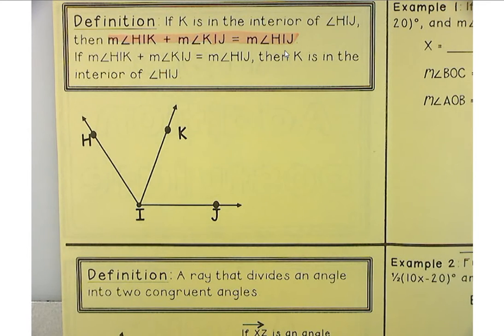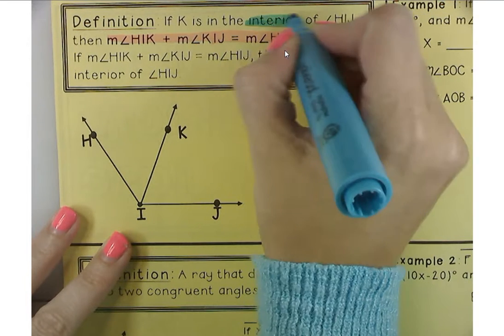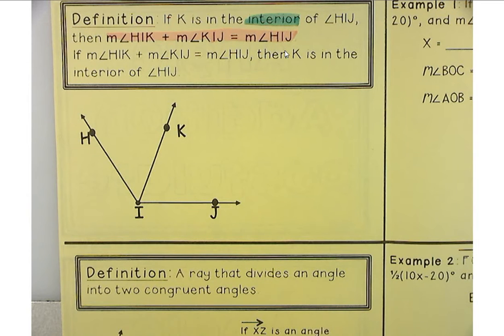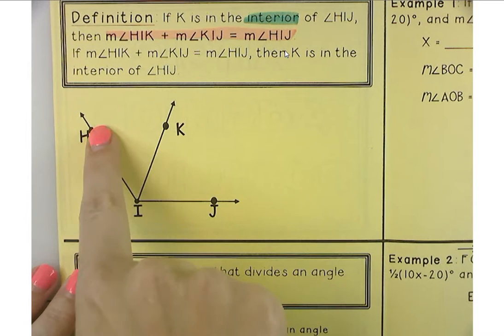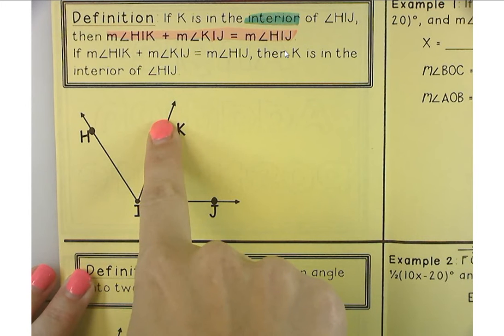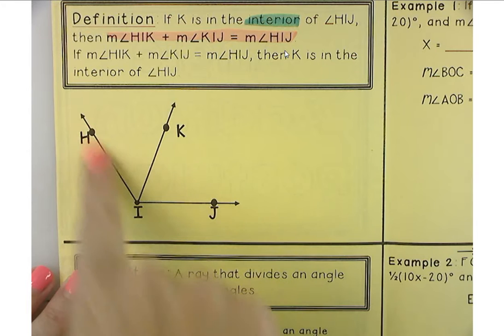Let's trace that out to get a better picture. K has to be in the interior. We talked yesterday how if it's interior, it's inside the angle. So if I'm tracing this with my finger, I have HIK plus KIJ is equal to HIJ.